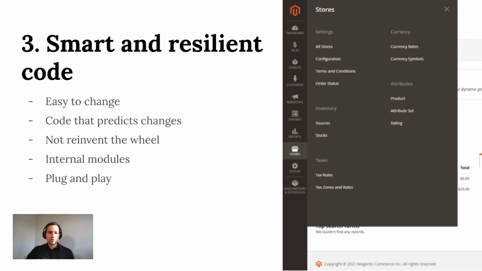So you can spend more time improving the quality of your internal modules and helping your clients with your unique solutions. And plug and play means, even if I get this module, my main focus is that my module must be independent, must be abstracted from Magento. So if I put it in a Luma store, it's going to work. If I put it in my client A, B, C, it's going to work.